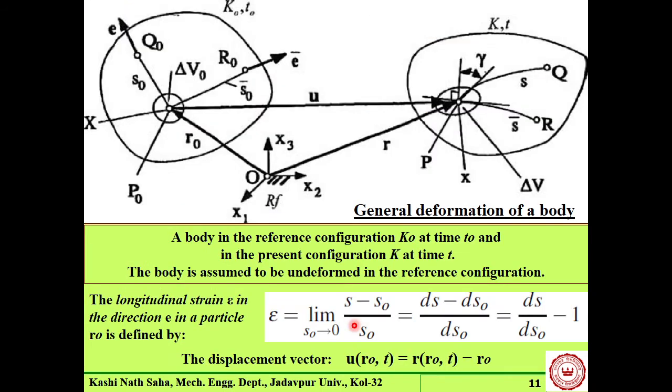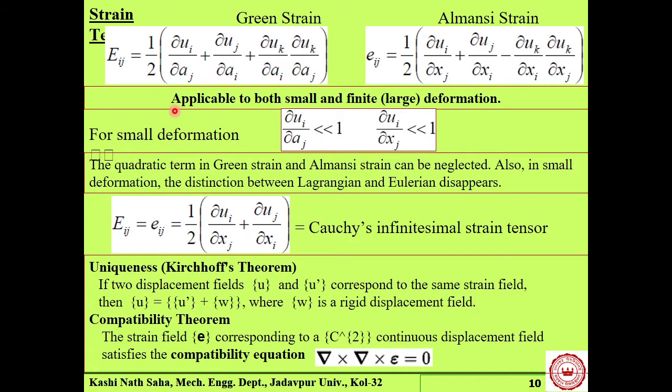So for this body, the strain field has to be described by a second order function at least, so that up to C2 continuity is maintained, corresponding to a C2 continuous displacement field. And they satisfy the compatibility equation.